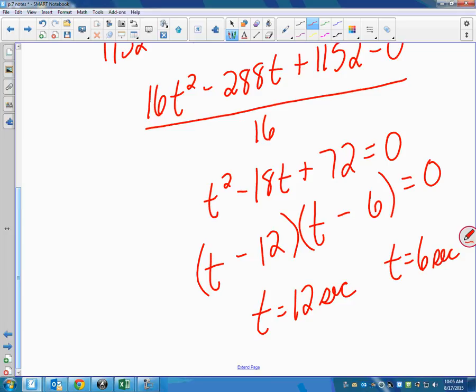Don't leave. We got to answer this question. Right, that's the path it's going to take. How is it going to equal the same height at both 12 seconds and 6 seconds? Here. It goes up and back down. It's a parabola, right? So it's okay to have 2 answers.